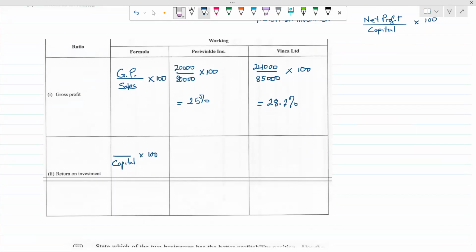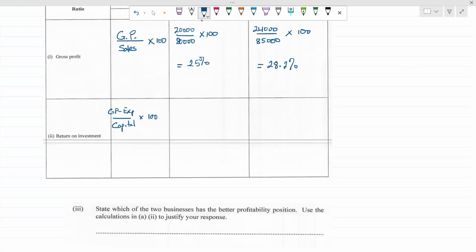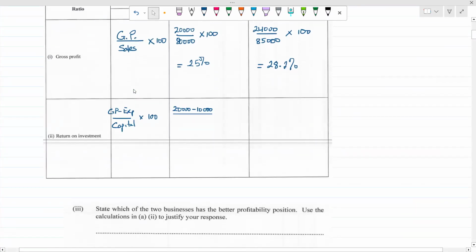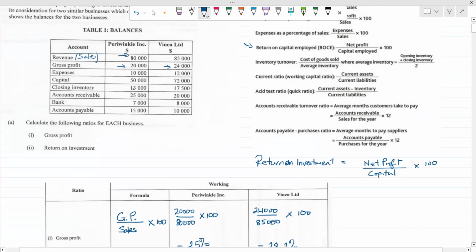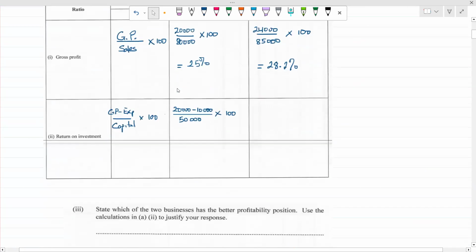We've got to work out our net profit: 20,000 minus 10,000, and the capital was 50,000 for Periwinkle. For Winkle Limited, 24,000 minus 12,000, and the capital was 72,000.